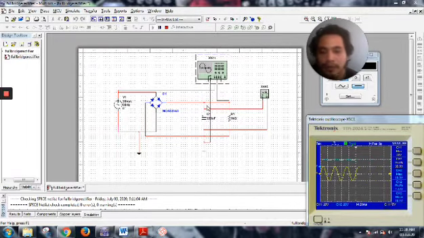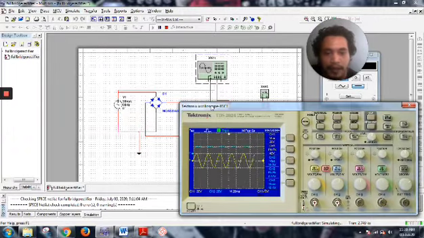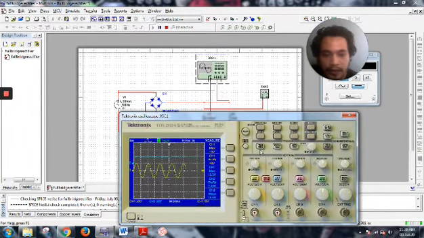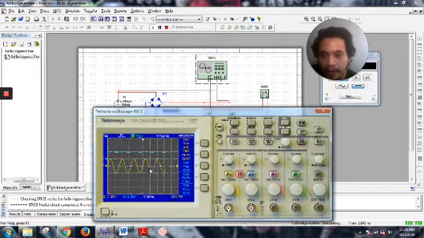Basically, I'm using 20 volt peak as the input, and this will form. This is the input signal, and this is the output signal. The input signal is alternating current, and the output signal is direct current.